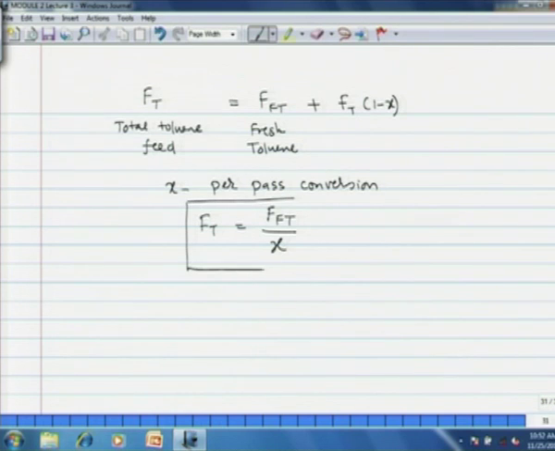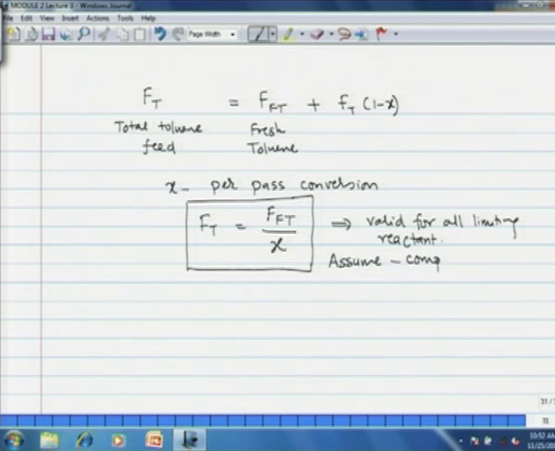The total feed of toluene is FFT by X. Now, this material balance is always valid in case of limiting reactant. However, we have to assume complete recovery and recycle of limiting reactant.